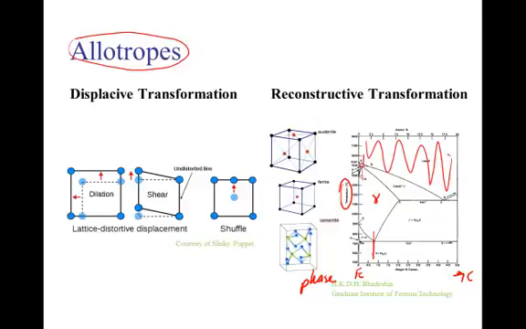However, there are different types of transformations that occur depending on how close the allotropes are in structure to each other. So for example, in steel going from austenite to ferrite, we have what we call a reconstructive transformation.